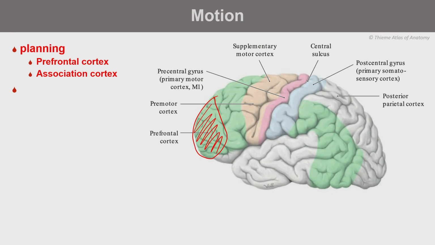So this is a mind which is planning the behavior, and then behavior is also planned in association with some association cortex. Also, there is a very important input, because why are you bored?